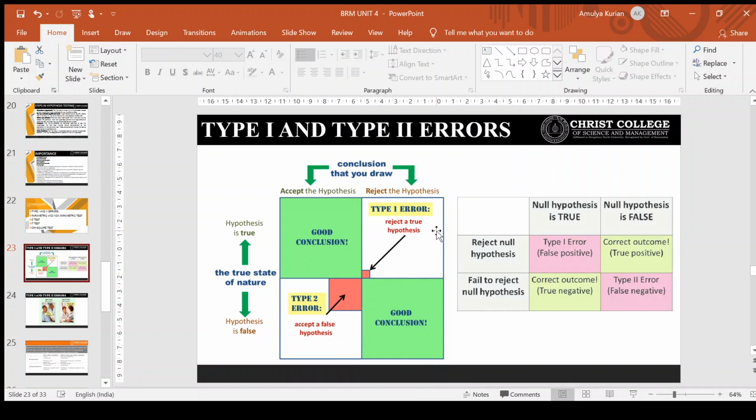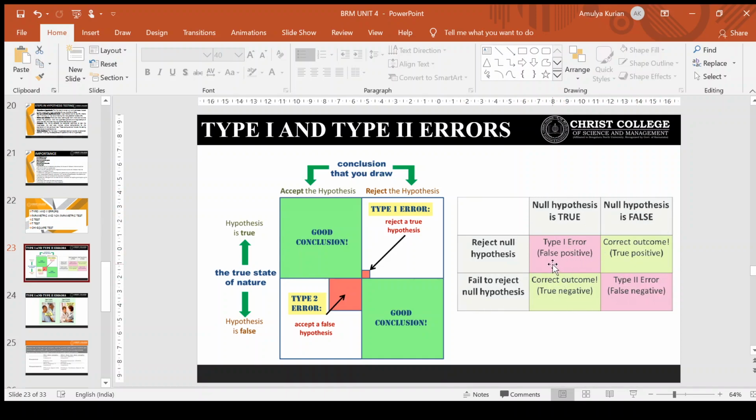Now, even though the hypothesis is true, if you're rejecting the hypothesis, it is called type 1 error. And when you are accepting a hypothesis when the hypothesis is false, it is called type 2 error. So, rejecting when the hypothesis is true is type 1. Accepting when the hypothesis is false is called type 2. So, put it in words.